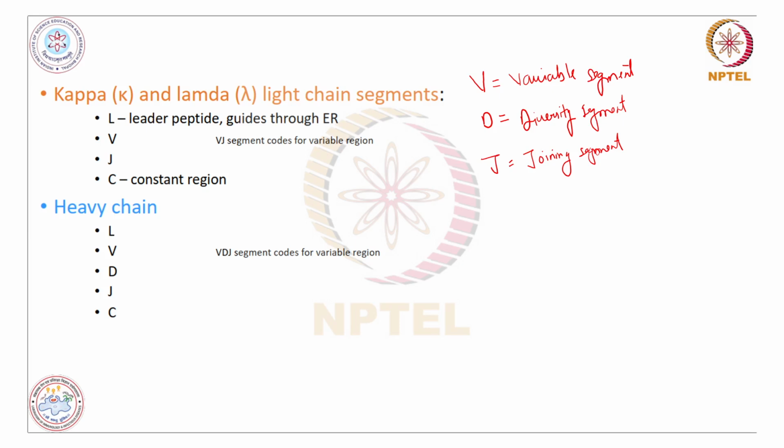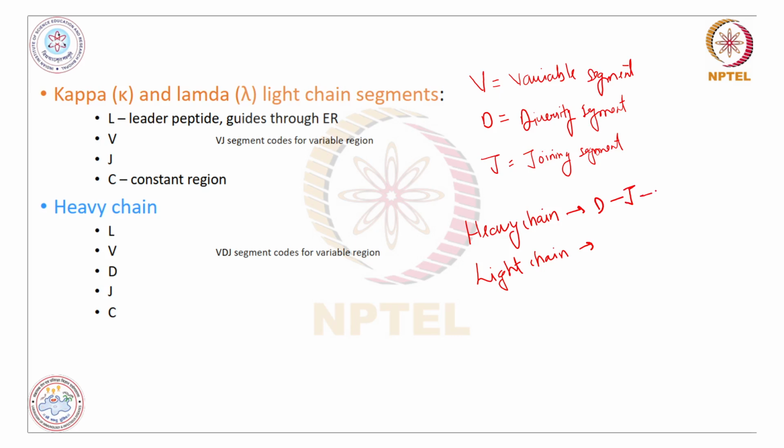So for heavy chain, what will happen? In the case of heavy chain rearrangement and light chain rearrangement, the case is different. In the case of heavy chain, the D segment will join with the J segment.